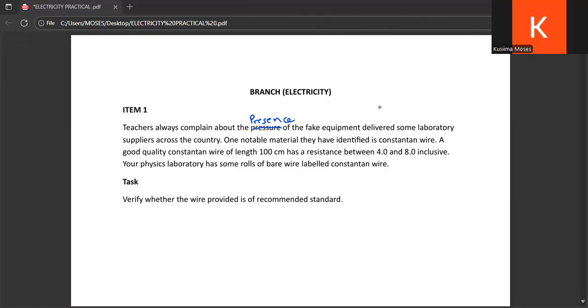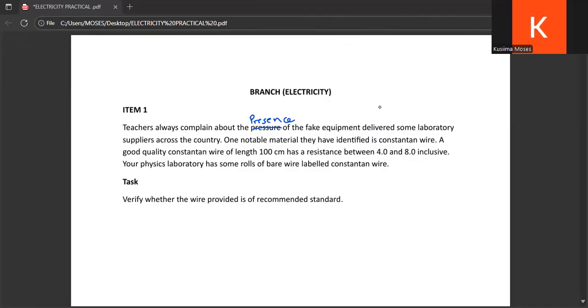I think I just missed out the units here. Your physics laboratory has some rolls of bare wire labeled Constantan wire. Just verify whether the wire provided is of recommended standard.